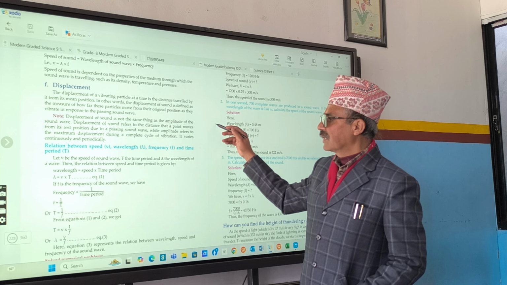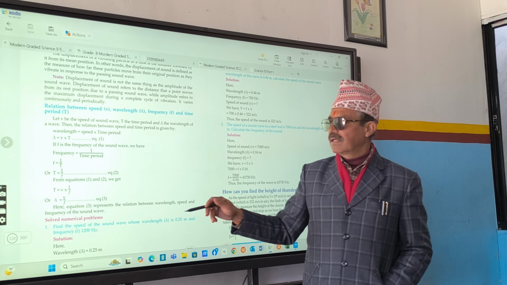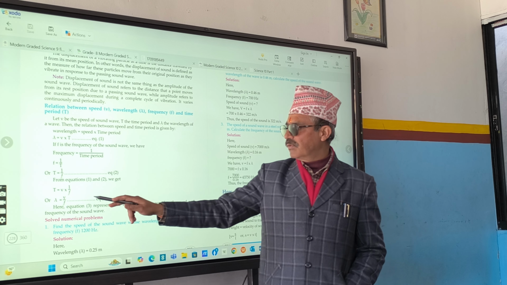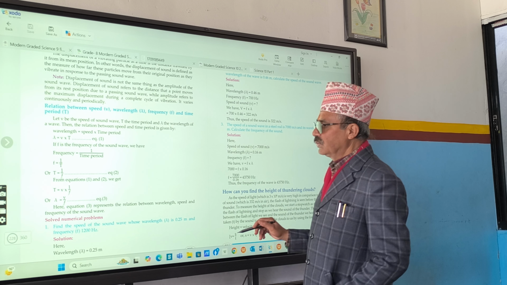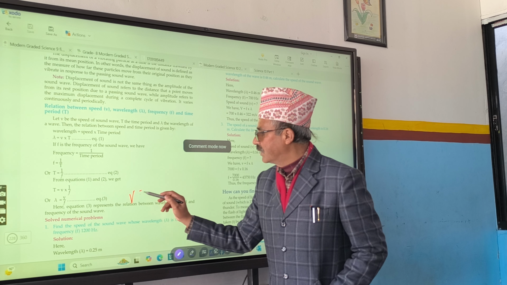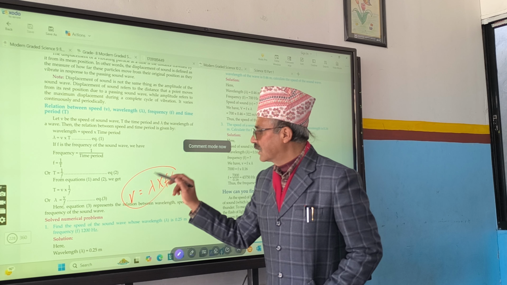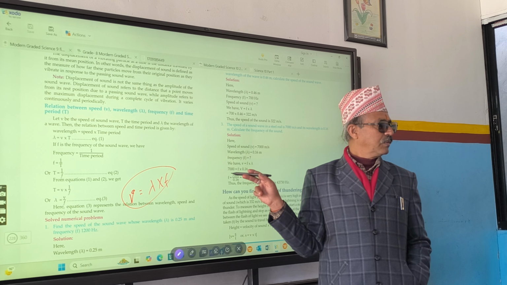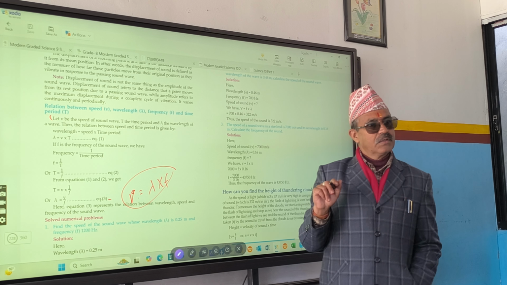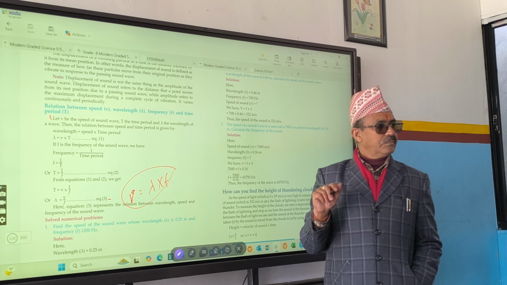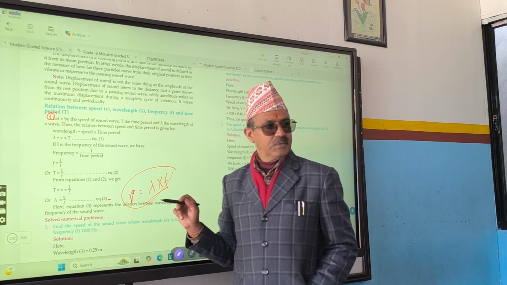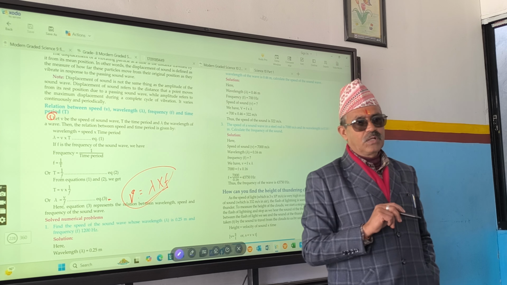Question number 2. Derive the formula lambda equals V by F. Then, after this, you can write: derive the formula V equals lambda times F. For this, after this you write it down.